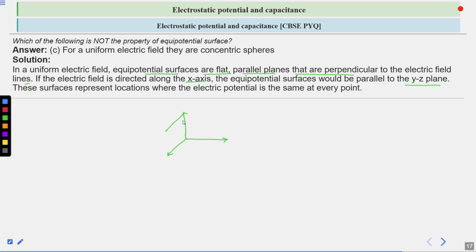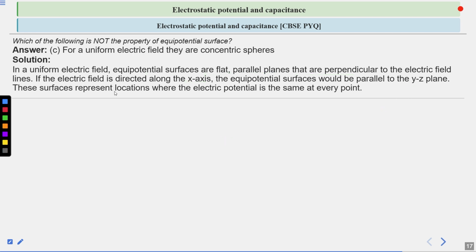This is the x direction, the direction of the electric field. So equipotential surfaces will be on what plane? yz, y and z. So they are flat parallel planes perpendicular to the direction of electric field. So if the electric field is directed along the x-axis, the equipotential surface would be parallel to the yz plane.